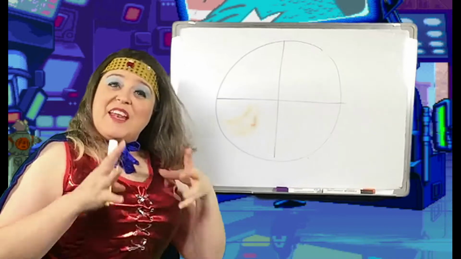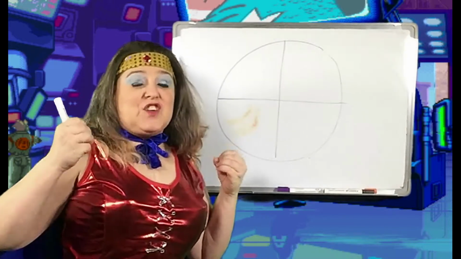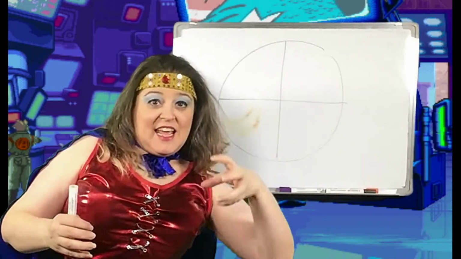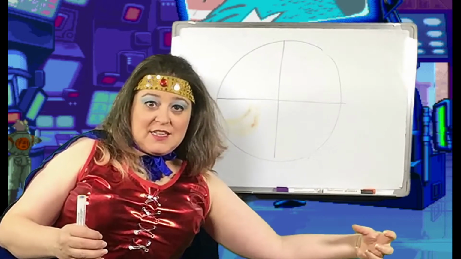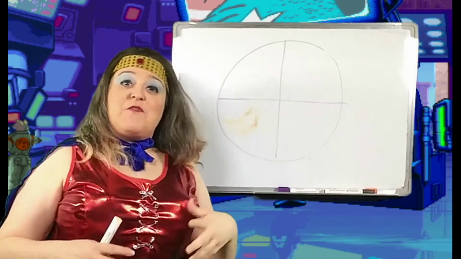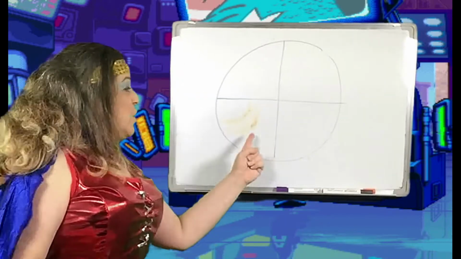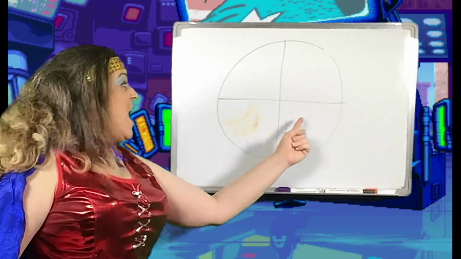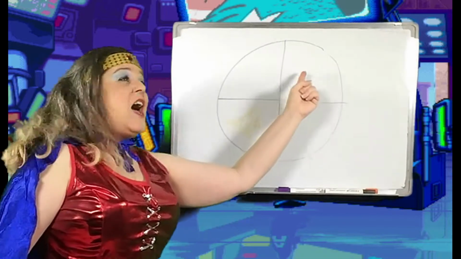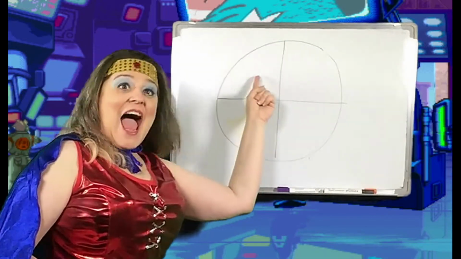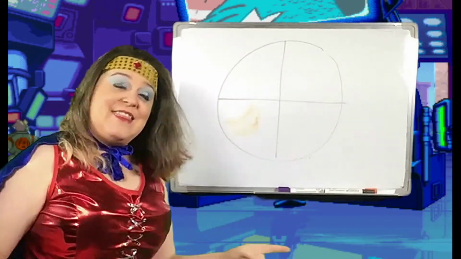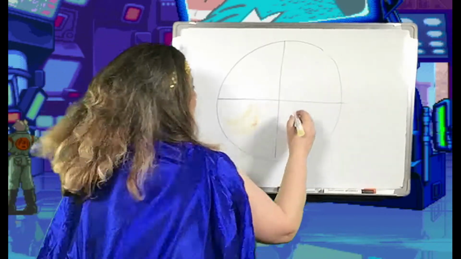We know that even when we're finding fractions of objects, each part must be the same. If we're finding fractions of numbers, each one must be the same. So if I put 2 bananas here, I need to put 2 bananas here, and 2 bananas here, and 2 bananas there.